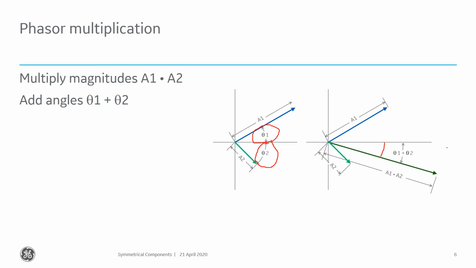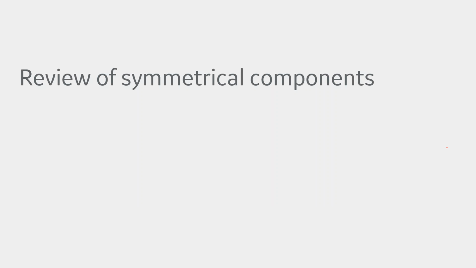The main thing to remember is when I multiply two phasors, I'm going to multiply the magnitudes. But more importantly, for our discussion of symmetrical components, I'm going to add the two angles together to get the resultant angle.